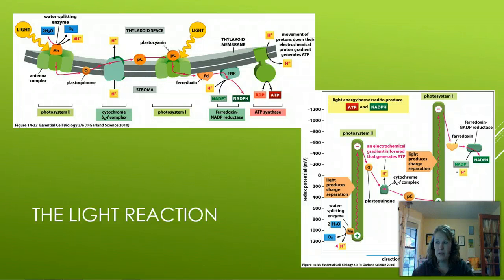So make sure you understand how this works and who's pumping what, because it's different. It's not everybody's trying to pump protons across. We have one set that works on generating energy, one set that works on creating NADPH. Both of these products have to be generated in order for the Calvin cycle to occur.